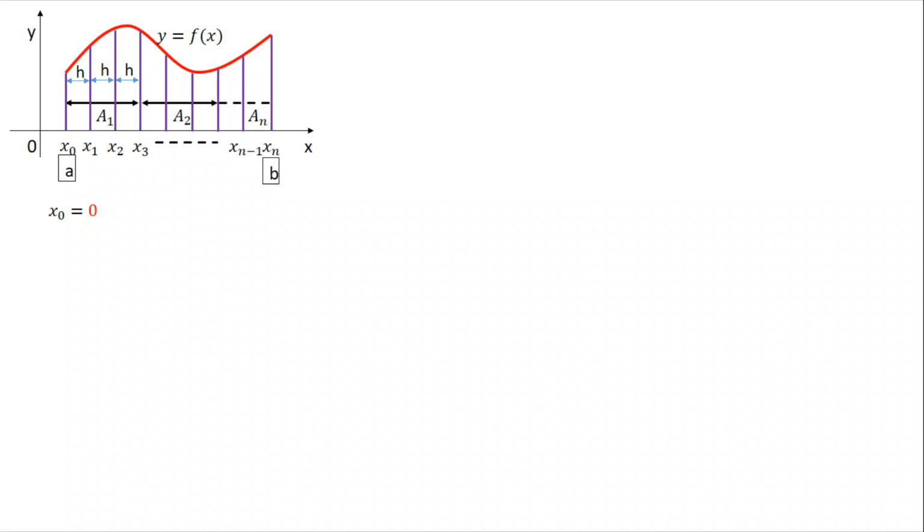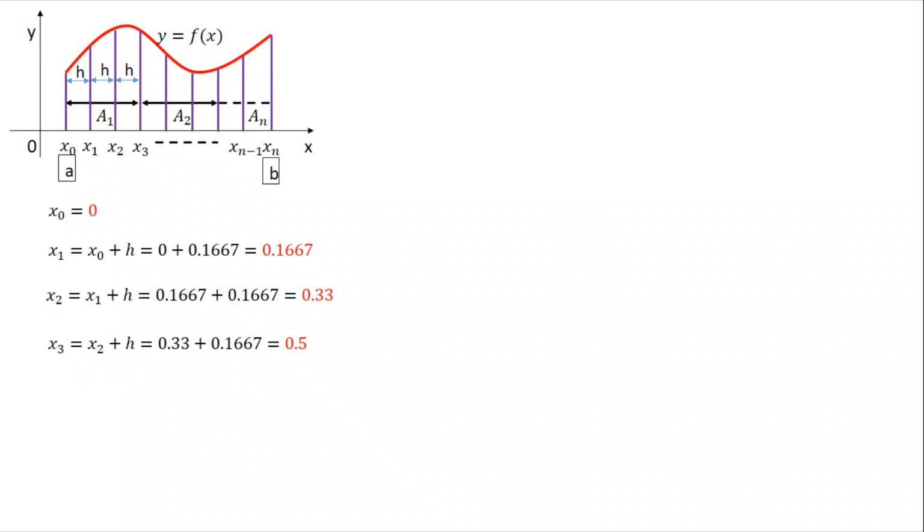So x0 is nothing but a, which is 0. Then x1 is x0 plus h, 0 plus 0.1667 equals 0.1667. Then x2 is x1 plus h, 0.1667 plus 0.1667 equals 0.33. Then x3 is x2 plus h, 0.33 plus 0.1667 equals 0.5.